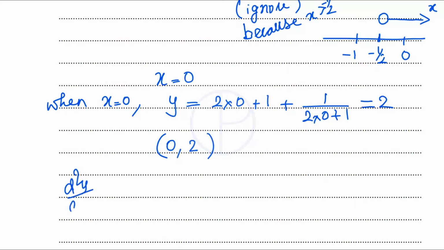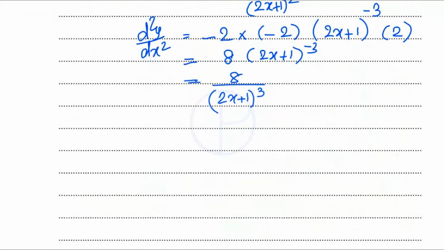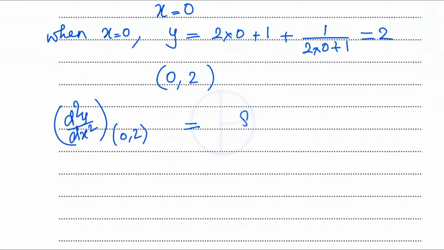Substitute this in d square y by dx square, which is 8 divided by 2x plus 1 the whole cube. Which is 8. So this is greater than 0. So the stationary point is a minimum.